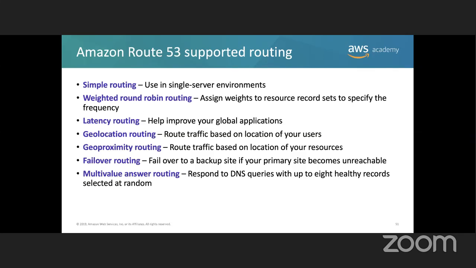But multi-value answer routing also enables you to check the health of each resource so that Route 53 returns only values for healthy resources. It is not a substitute for a load balancer, but the ability to return multiple health-checkable IP addresses is a way to use DNS to improve availability and load balancing.